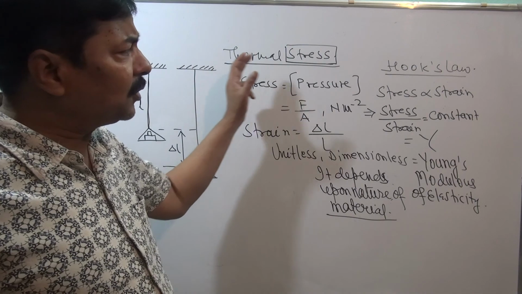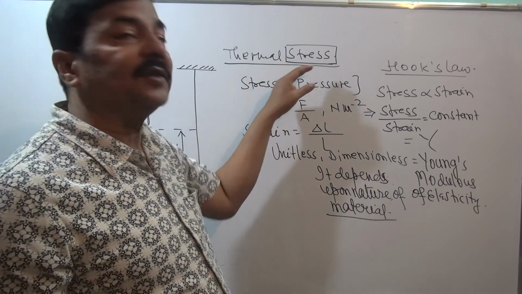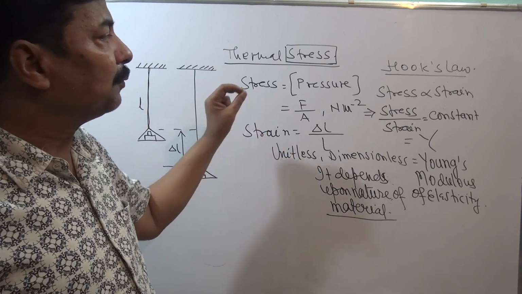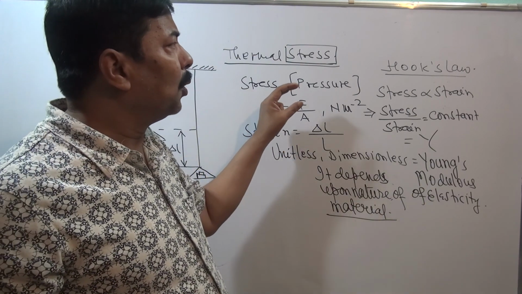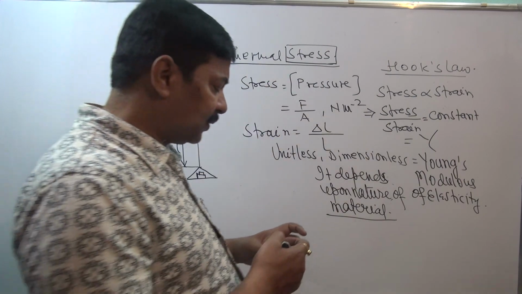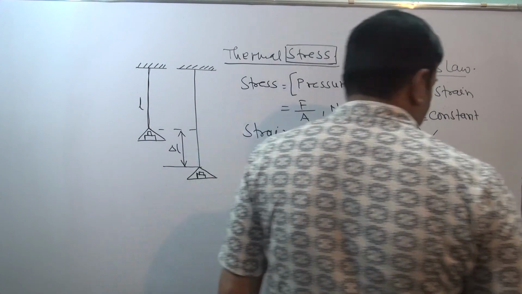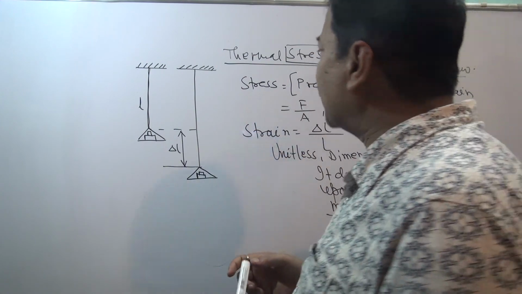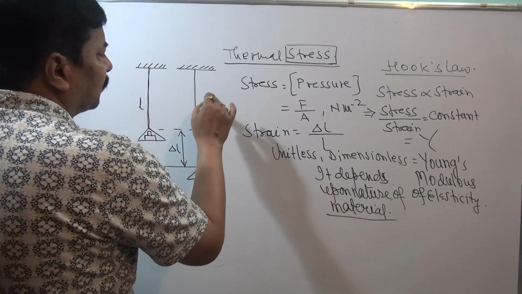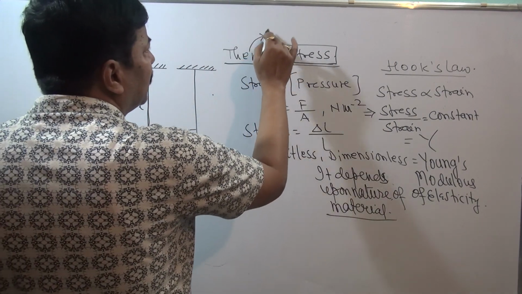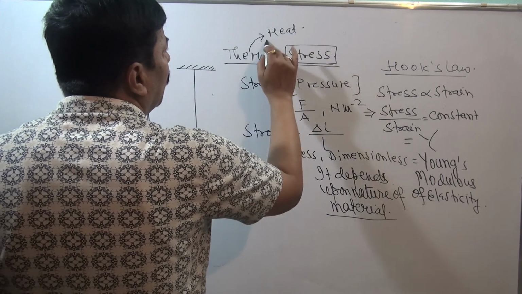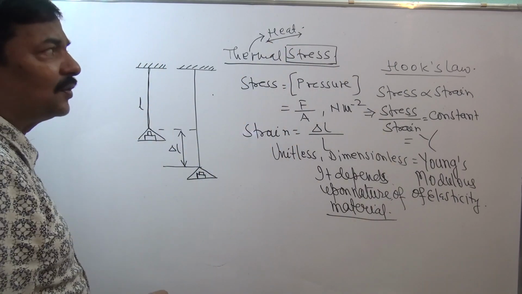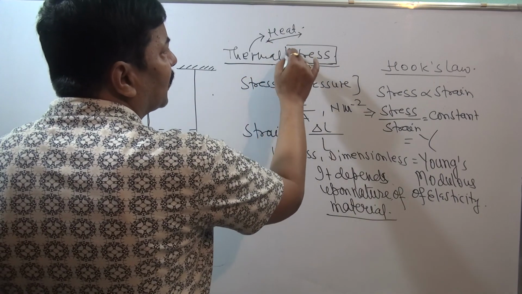So with this background of stress and strain and Hooke's law, I would like to discuss with you few more parameters, few more things about thermal stress. Let us try to understand what is this thermal stress. In order to get the thermal stress, as I told you repeatedly, thermal is related with heat. So heat can also produce a stress, and that stress is known as thermal stress.